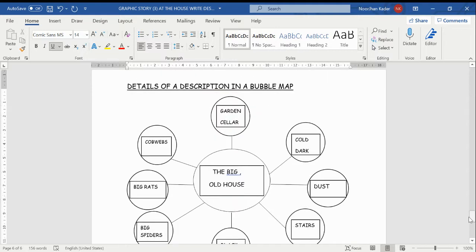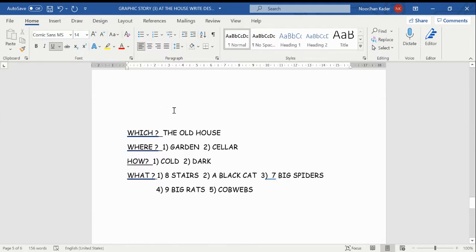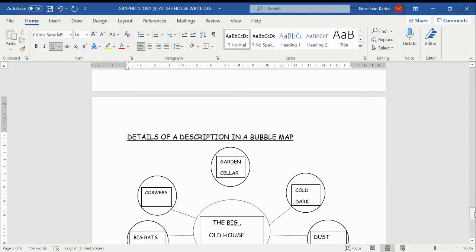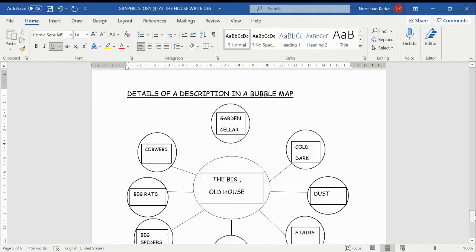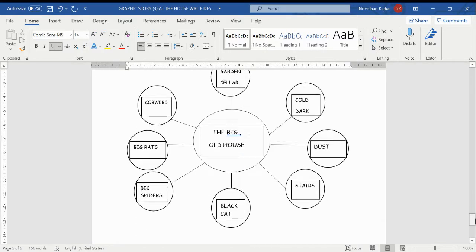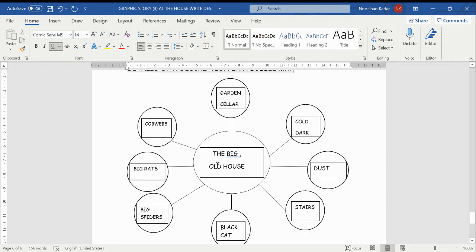So we have already transferred all this information from the questions we answered. We have put all the details of the description into a bubble map now. This is the object we are talking about. We are in the graphic story, and the story is mainly about the big old house.